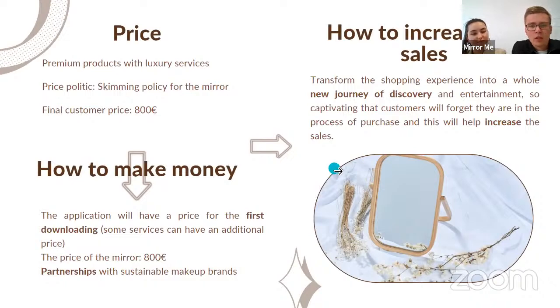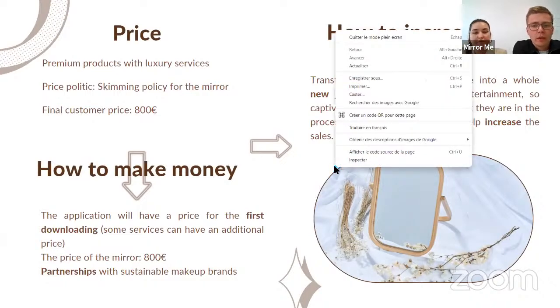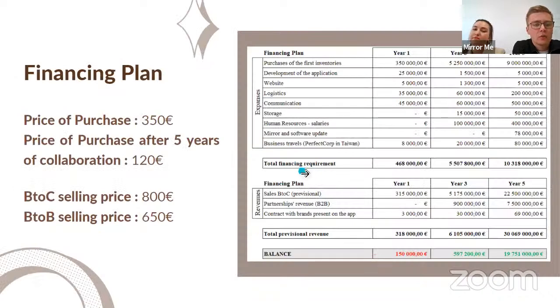And finally, our projection for the first year is to commercialize 1,000 mirrors and to sell at least 80% of our stock. And for the years after, it is to start B2B partnerships in physical stores and the creation of some muses for MirrorMe, and to reduce the purchasing price from Perfect Cop to increase our margin.